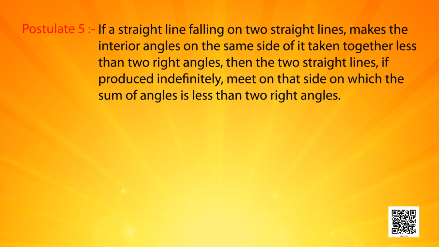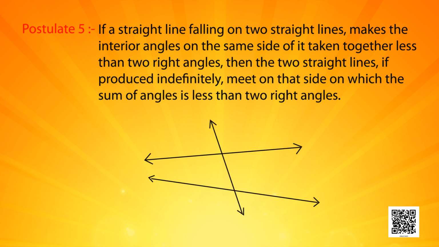As you can see in the given figure, the line PQ falls on lines AB and CD such that the sum of the interior angles 1 and 2 is less than 180 degrees, as you see on the left side of PQ.